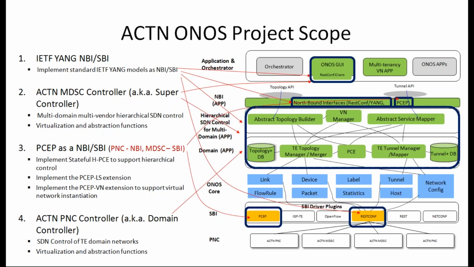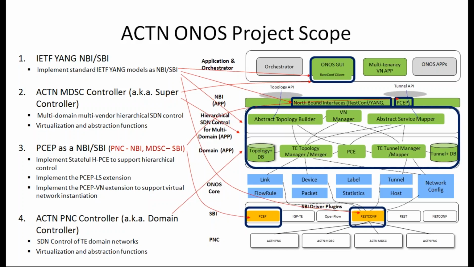There are four major sub-projects that we would like to carry out in this scope. First is an implementation of standard IETF-based YANG models, used both as a northbound interface for the domain controller in this hierarchy, as well as a southbound interface from the supercontroller to the domain controller.